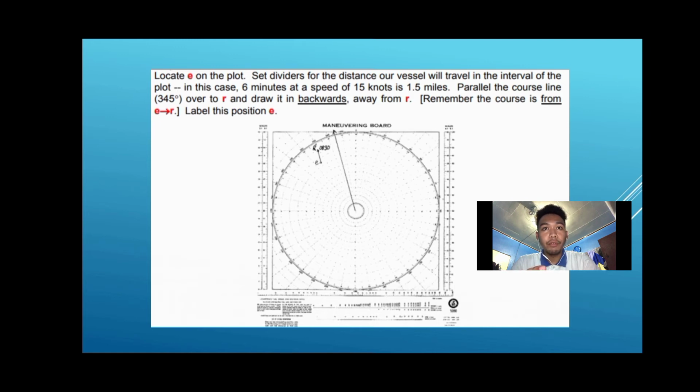So from R we will set a divider to 1.5 miles, and then we will draw a line backwards, because remember that the course line is from E to R. That's why we put the line backwards, and then we label it E.